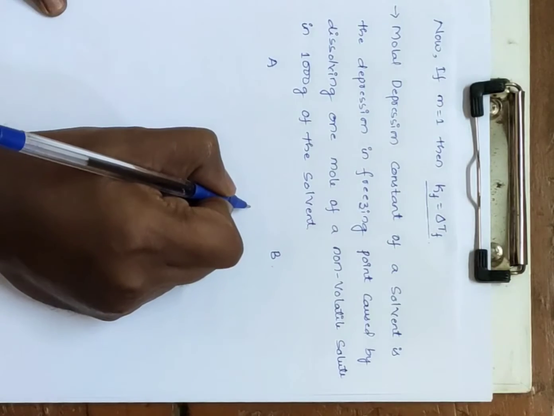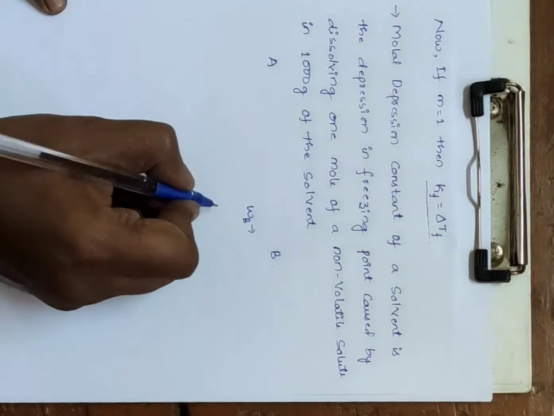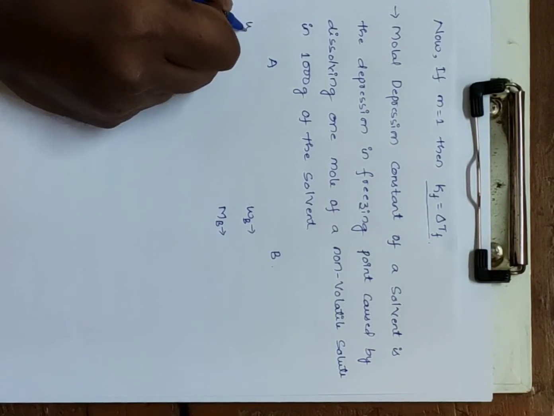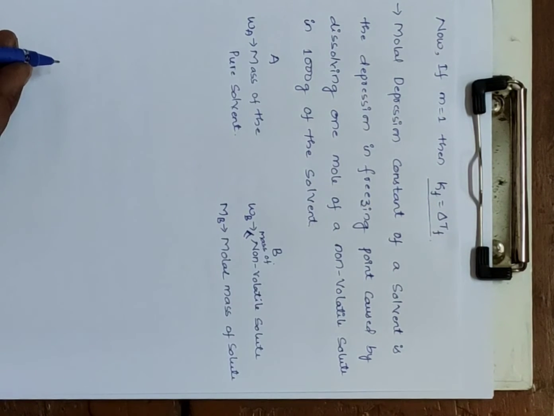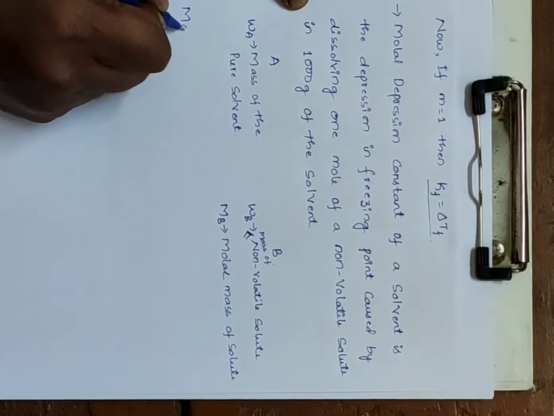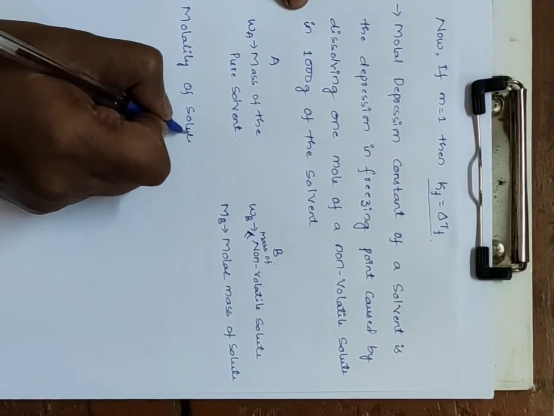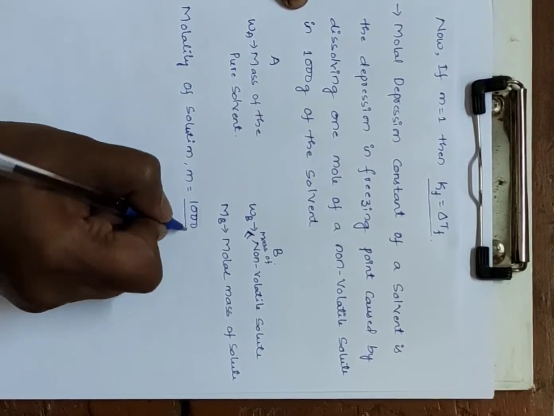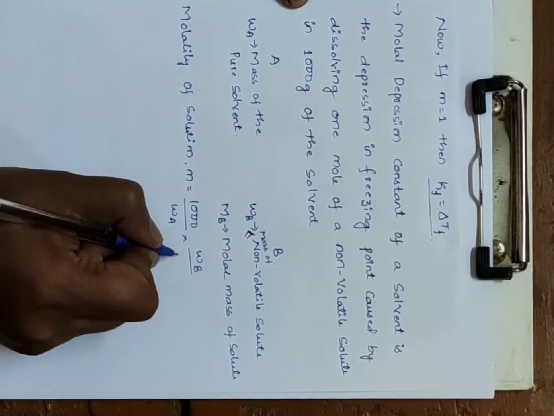So if WB gram of a non-volatile solute having molar mass MB is dissolved in WA gram of a volatile solvent, then by the definition of molality, the molality of the solution is equal to 1000 divided by WA into WB divided by MB.